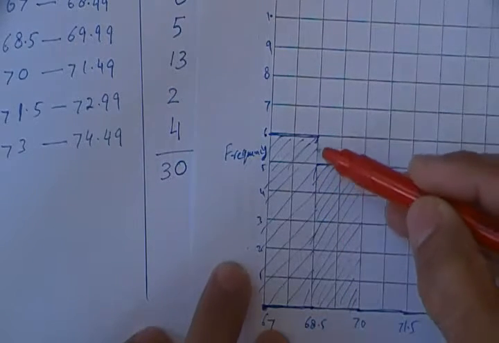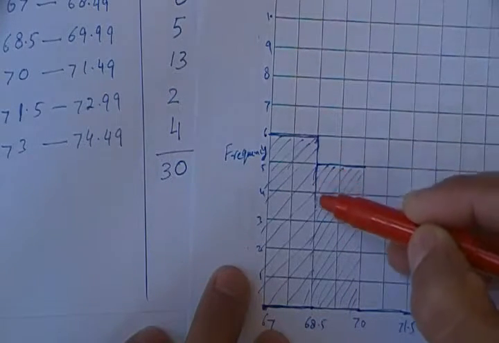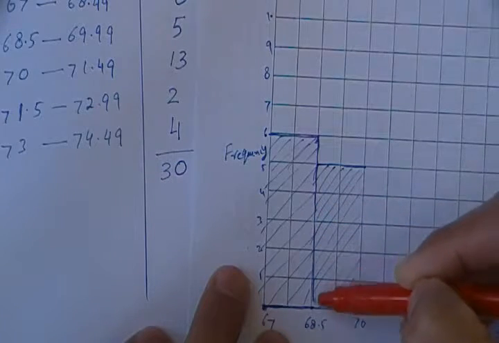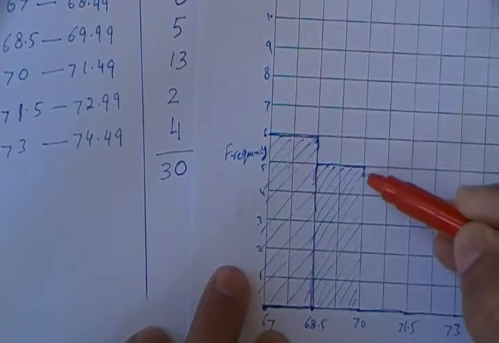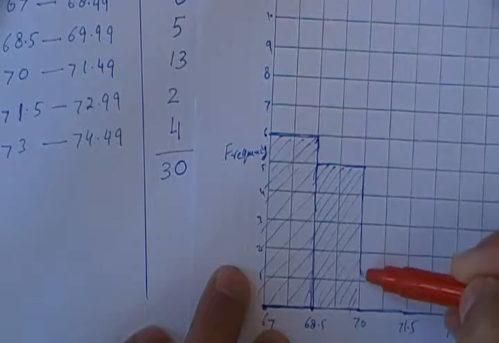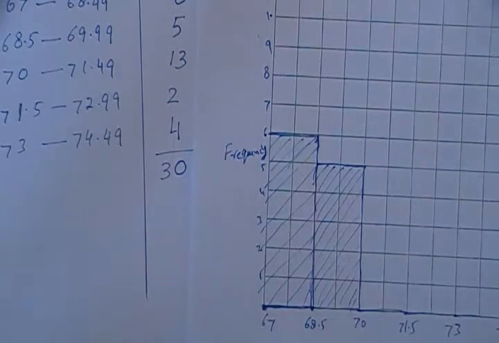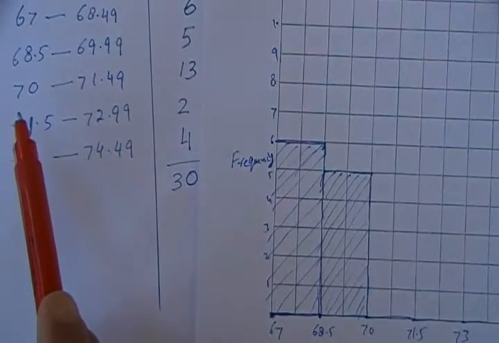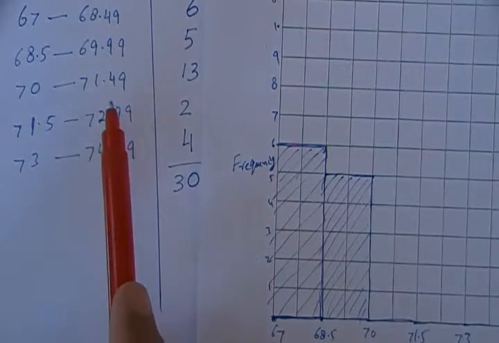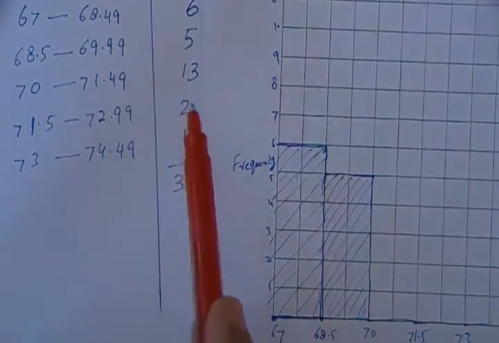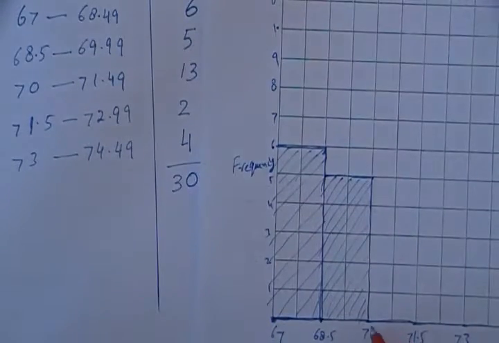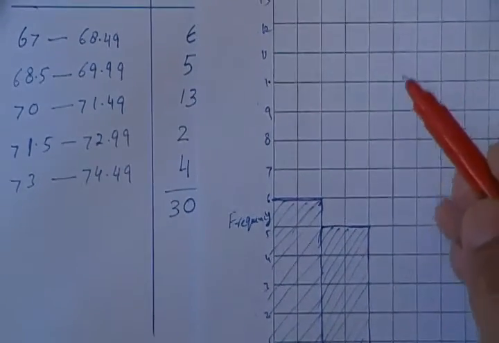You can highlight these boundaries too. For the next class, which goes from 70 to 71.49, the frequency is 13. So for this one, 13 is up here.